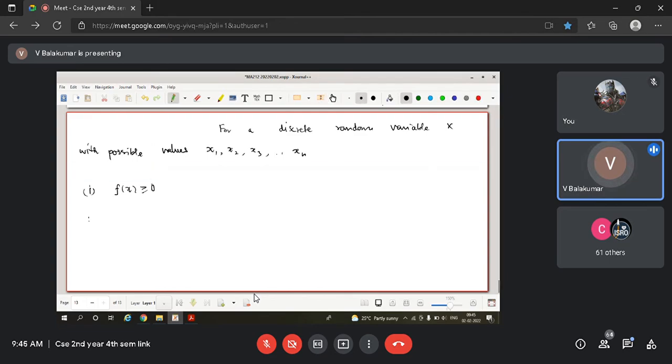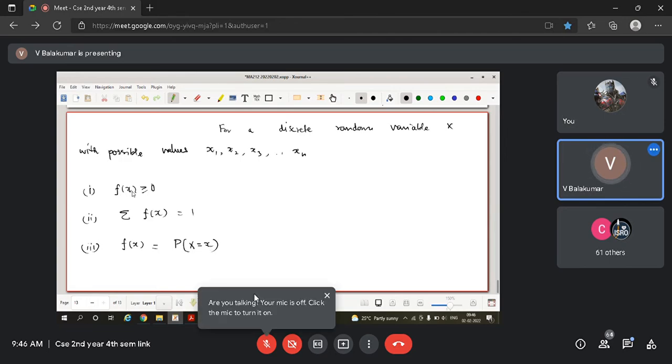This is non-negative. And another thing, if I add all these function values, then I should get 1. One more important property is that whatever I write as a function is actually the probability for that particular value. Suppose you want to write this third condition as the first condition, that's okay. But since I am talking about this f of x, I need f of x.